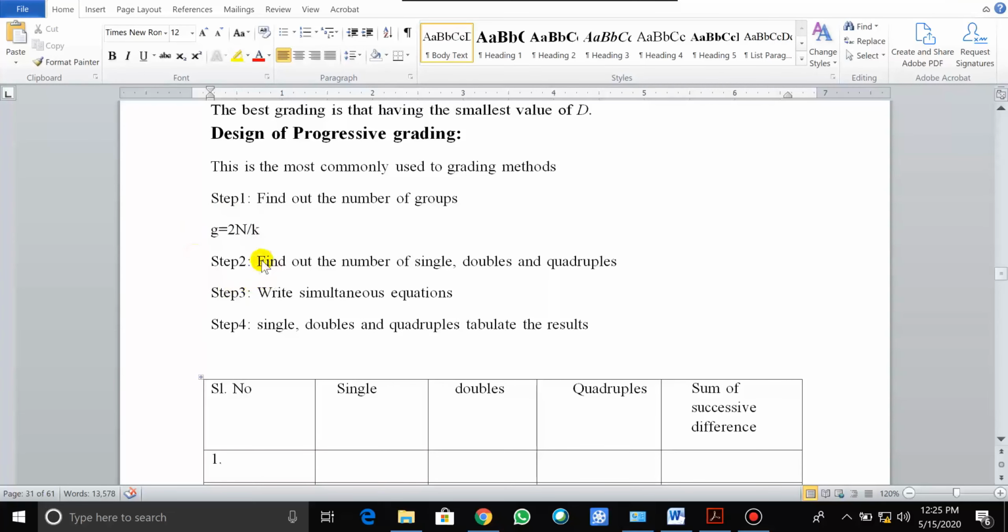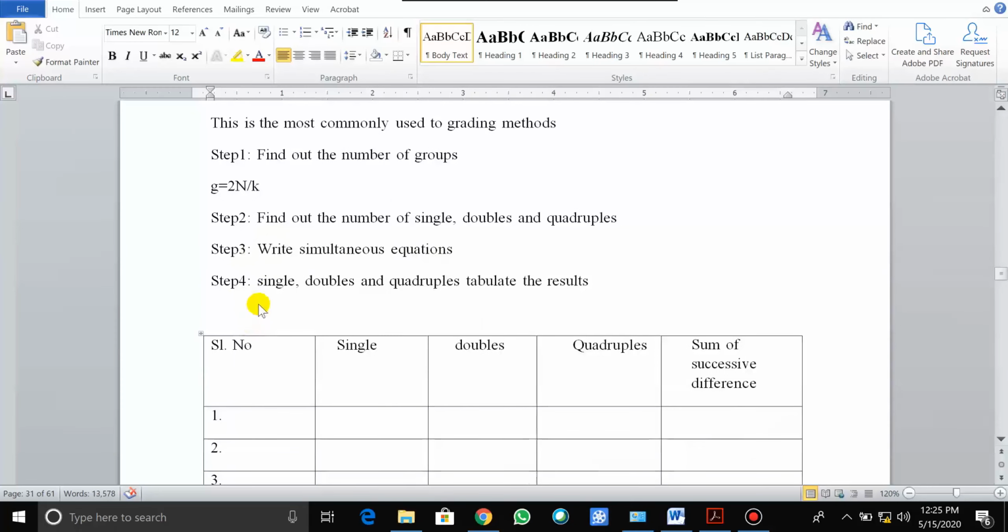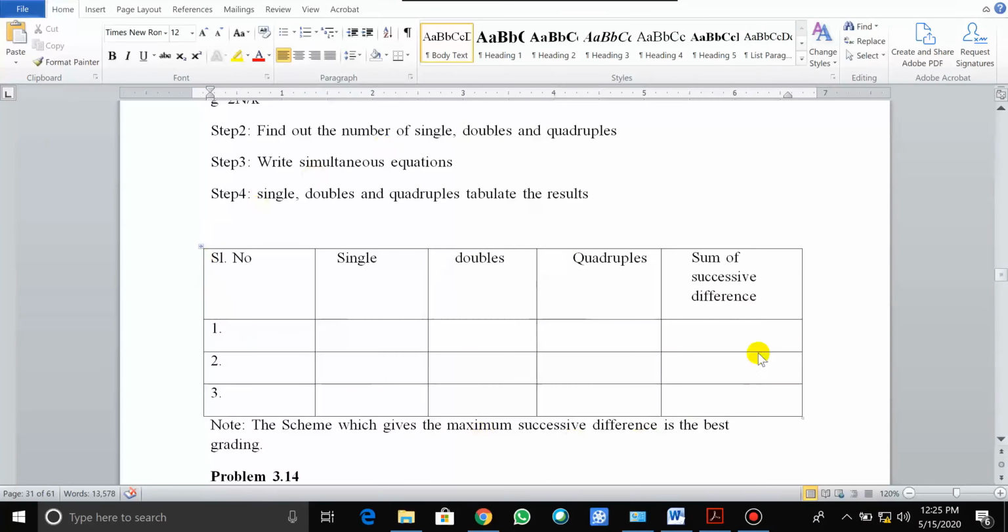In step 2, we need to find the number of singles, doubles or quadruples. Then in step number 3, we need to write the simultaneous equations. In step number 4, we have to find the singles, doubles, quadruples and tabulate the results. Okay, this is a tabulation.